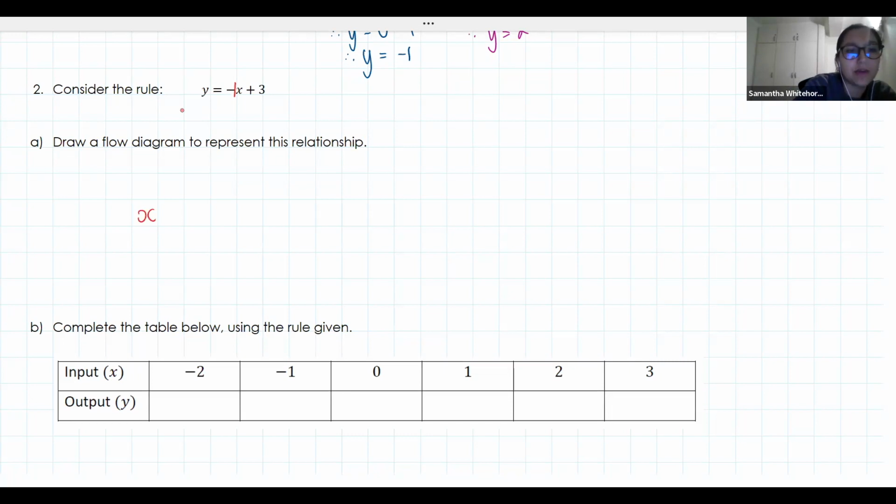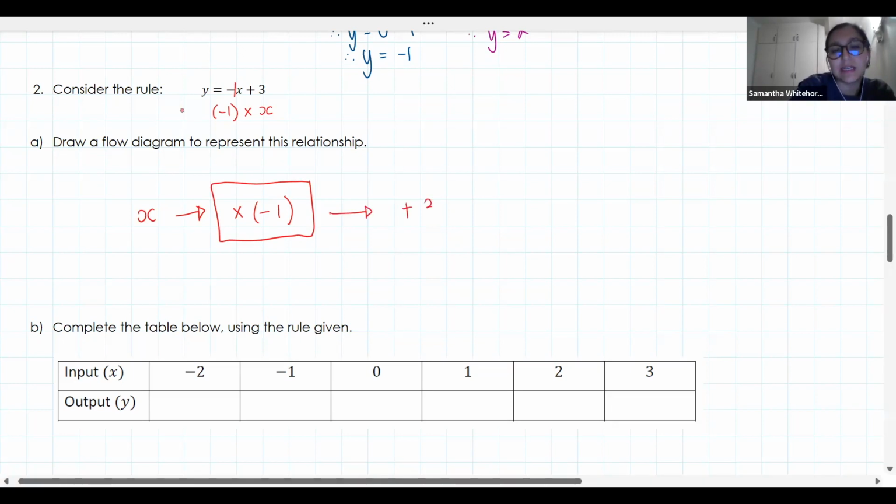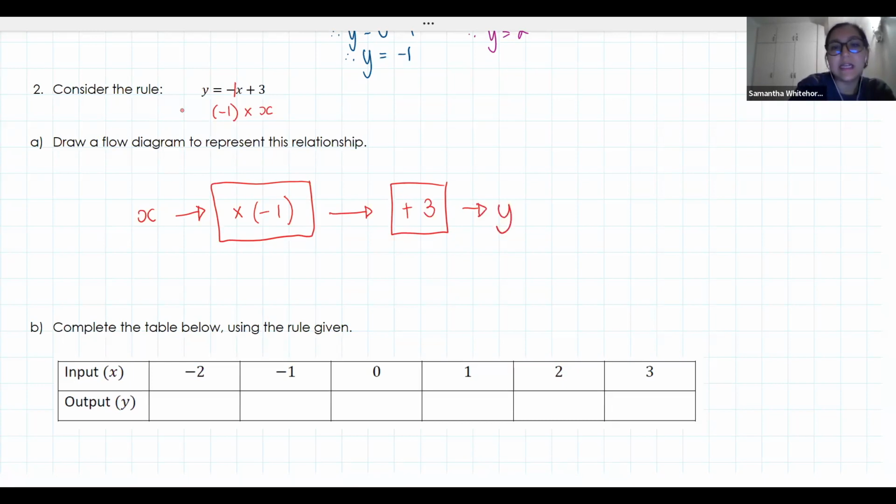So when I want to write out my flow diagram, as question A asks me to do, according to my rule, I am multiplying x by negative 1. I'm just choosing to put it in brackets because it helps me remember that I need to multiply by a negative. And then according to my rule, the next thing I need to do is add 3. If I apply that rule to any input, I will get my output.